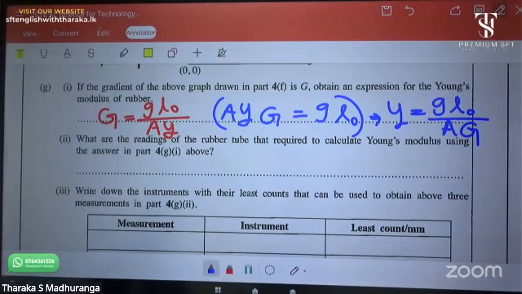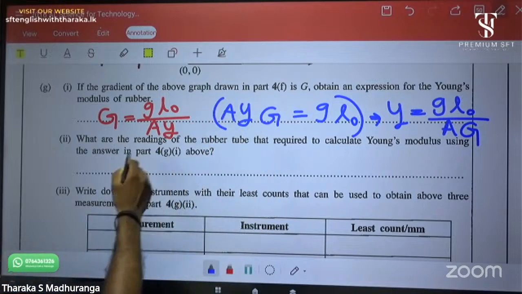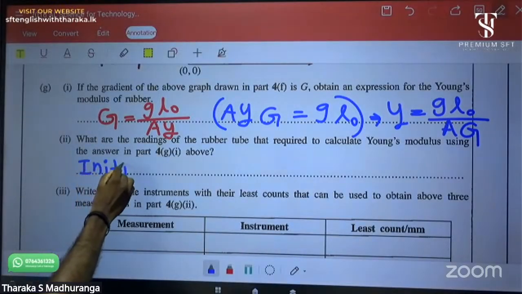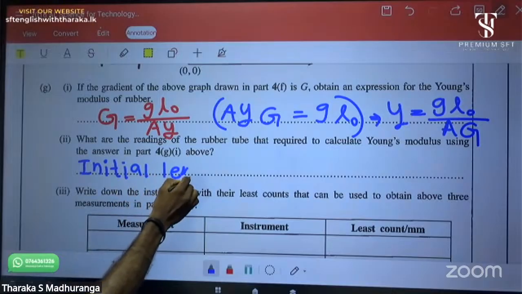What readings of the rubber tube are required to calculate Young's modulus using the answer in the previous part? Yeah, we need the initial length, L naught.